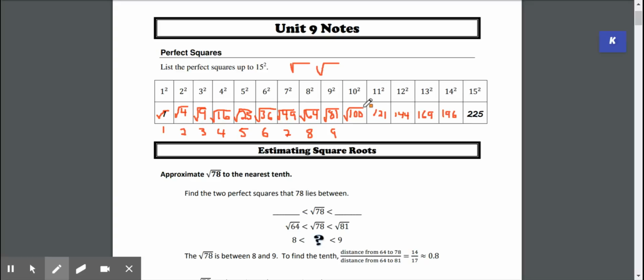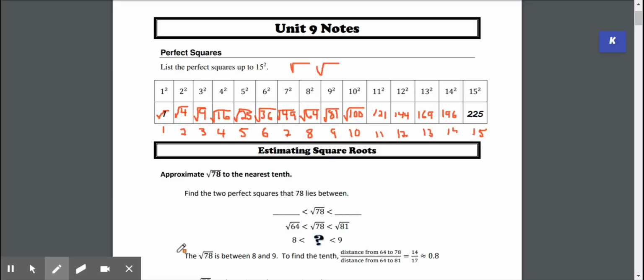I'm going to stop there, but you get the idea. The square root of 121, 11. Square root of 144, 12. Square root of 169, 13, 14, and 15. So we need to be able to think either way of squaring a value or square rooting it. We need to know our squares so that we can do the next phase of this, which is going to be square rooting.